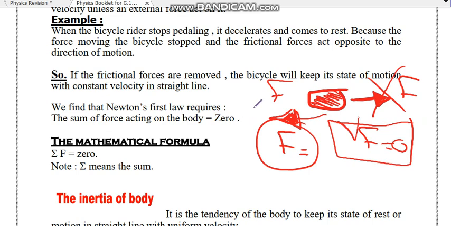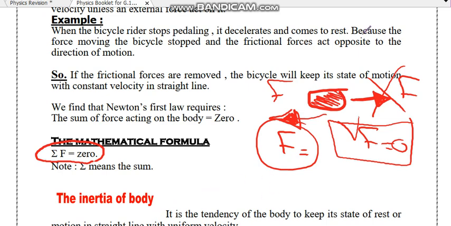Okay, so the mathematical formula we talked about in Newton's first law says that the sum of the forces acting on any body, static or moving with uniform velocity, equals zero. And the other meaning we talked about is inertia.